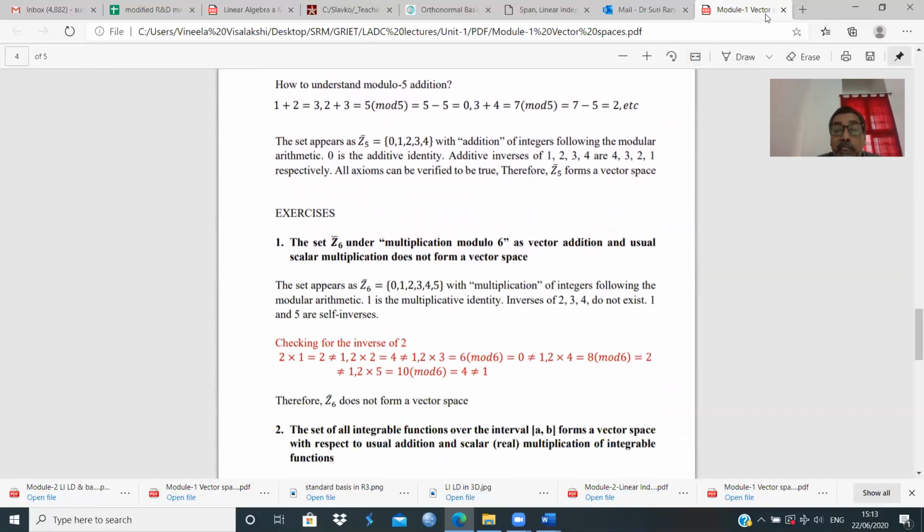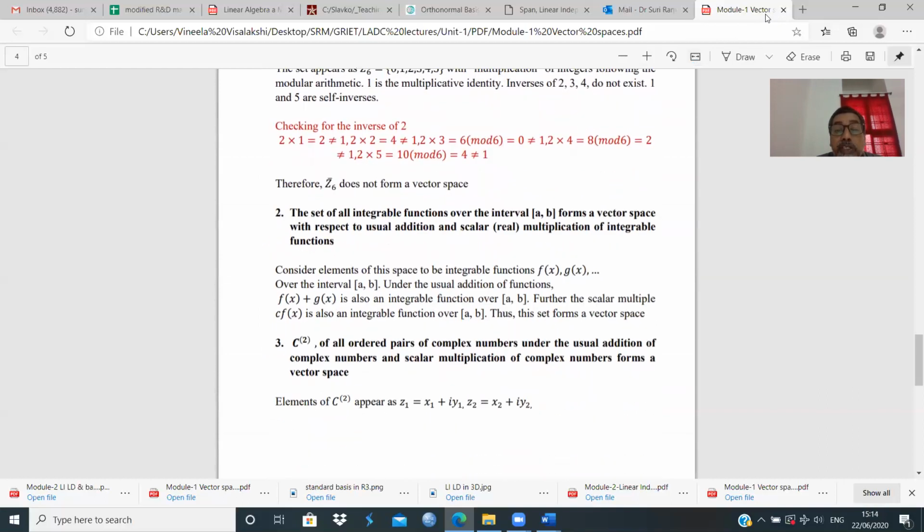So you can find that there's a small hitch with the inverses. Please work out the inverses of 2, 3, and 4, and you will find that they don't exist. For your reference, I have included the checking of the inverse for 2, and you will find that there is no inverse for 2. So Z6 does not form a vector space under multiplication modulo 6.